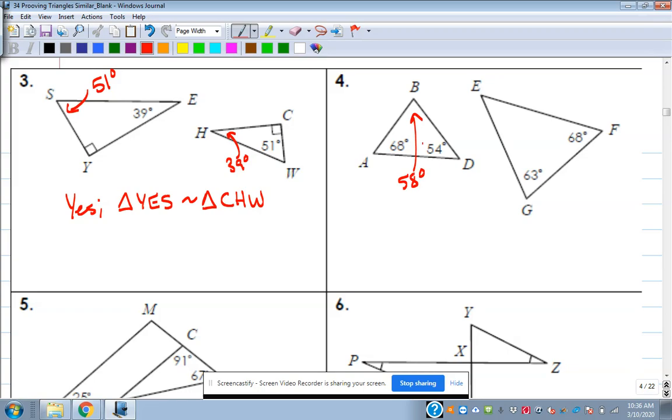And then this one is how much? 63, 68 be 120 plus 1131, so 49. That definitely cannot be similar because we don't have two of them that match up. So, easy stuff.